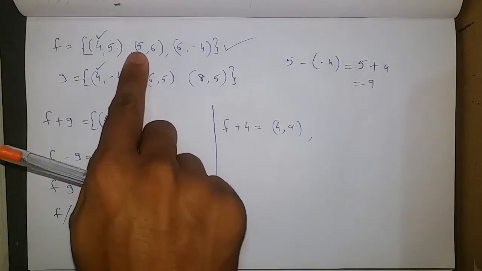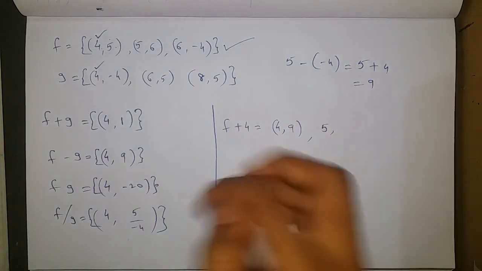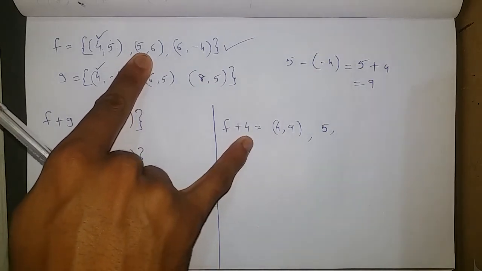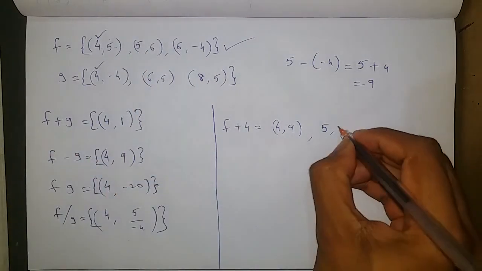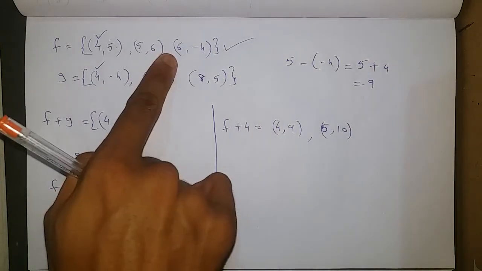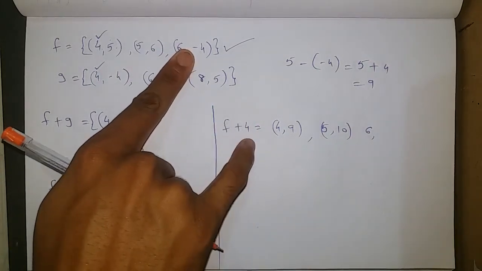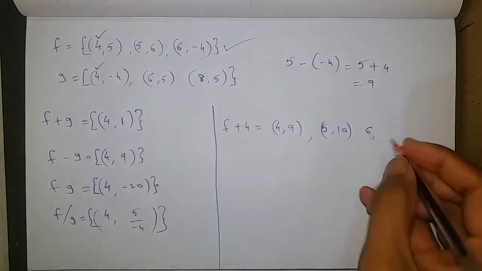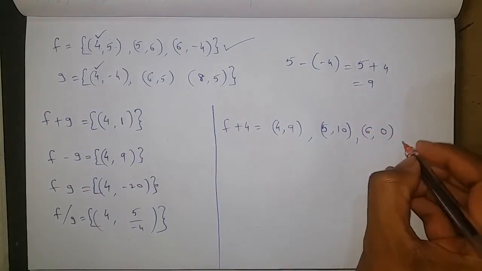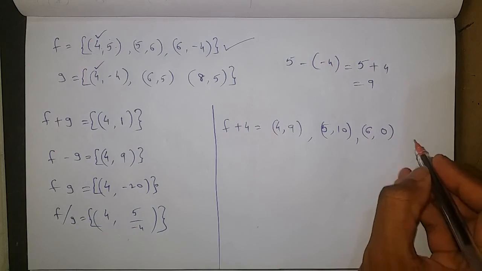Next, write 5 as it is, comma, for 6 add 4. 6 plus 4, 10. Next, 6 write as it is, comma, for minus 4 add 4. Minus 4 plus 4, 0. So this is f plus 4.